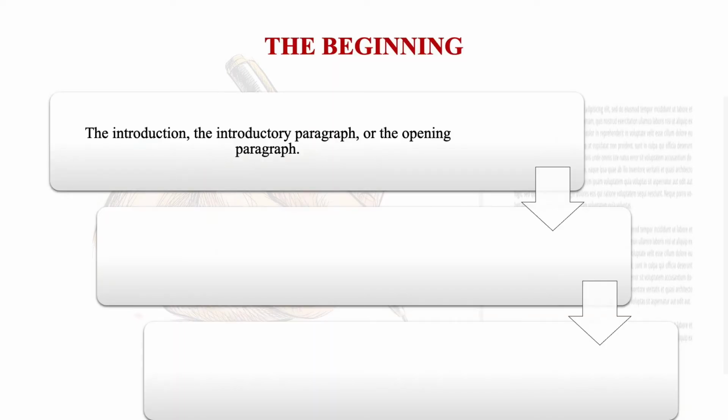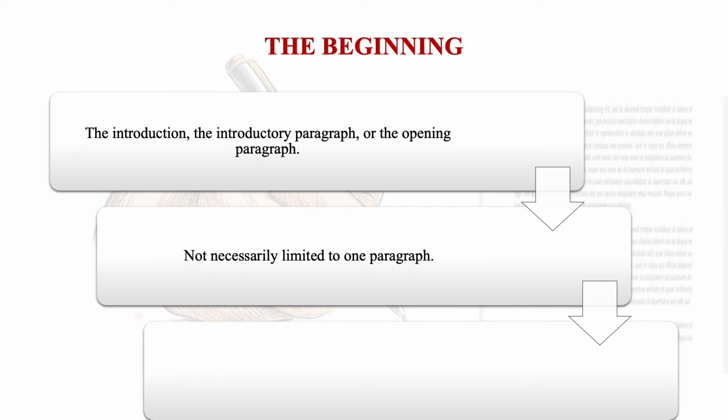The first component, the beginning part, refers to the introduction, the introductory paragraph, or the opening paragraph. So these three things are very, very important: the beginning could be known as the introduction, introductory paragraph, and opening paragraph.